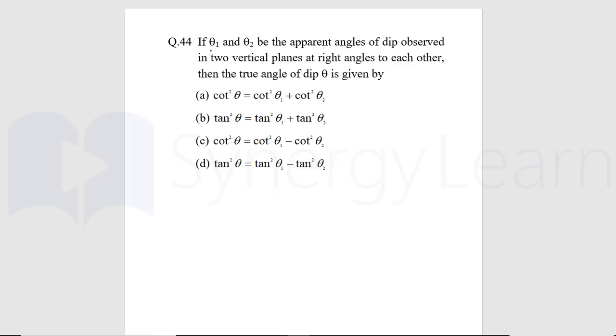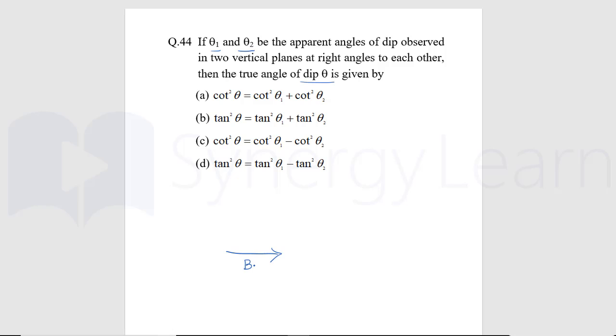If theta 1 and theta 2 are apparent angles of dip observed in two vertical planes at right angle to each other, then the true angle of dip is given by. So, apparent angles of dip.